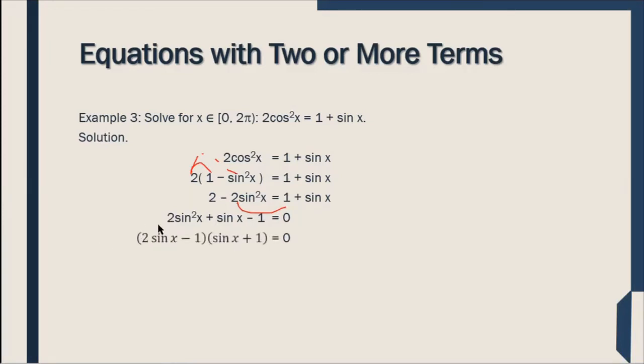So, pwede natin kuhanin ang factor ng ating left side of the equation. And ang factor natin ay 2 sine x minus 1 times sine x plus 1. So, ang pinanggalingan yan, pwede natin gawing let x equals sine x. Kunyari, ang x natin ay yun ang ating sine x.